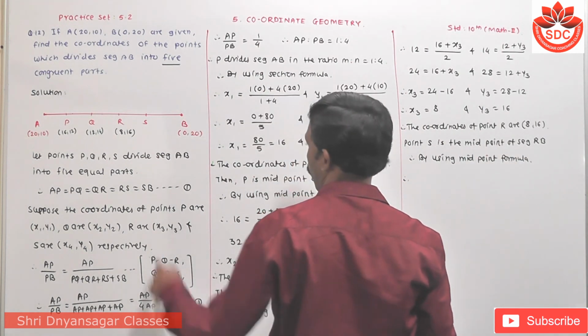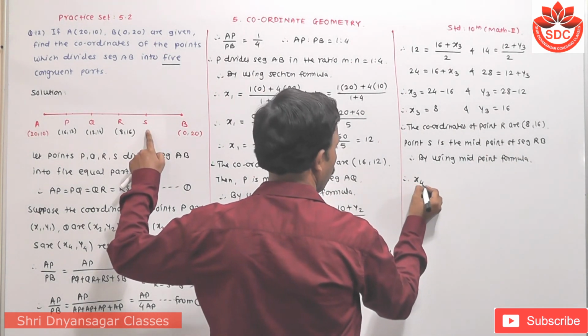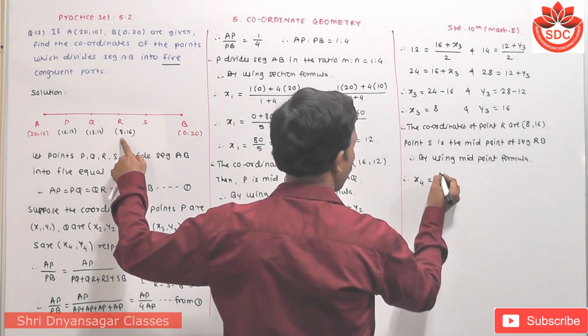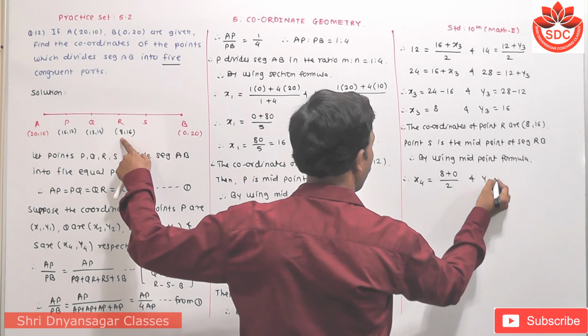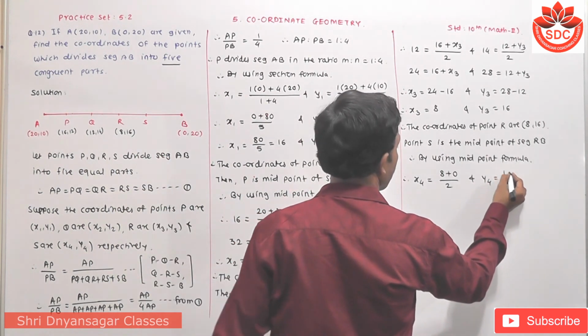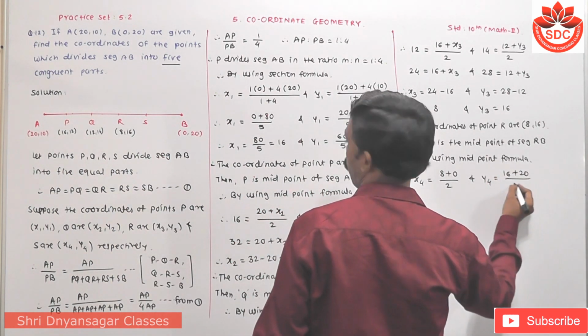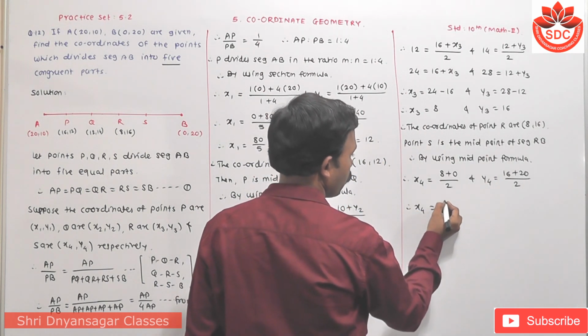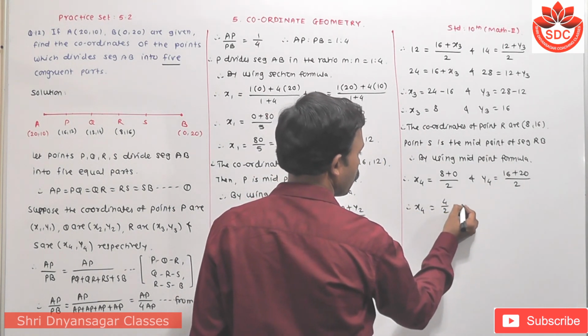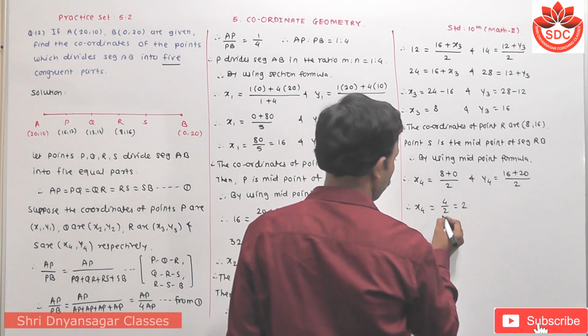the formula directly I have to use here. This is x4 is equal to 8 plus 0 upon 2 and y4 is equal to 16 plus 20 upon 2. Therefore, x4 is equal to 4 upon 2, which is 2.